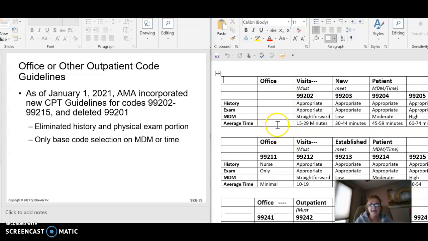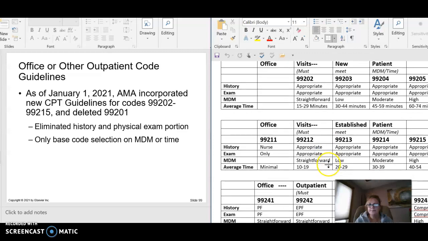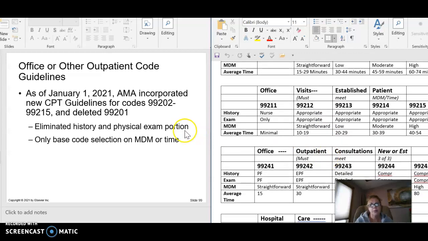We also had 99202 through 99215, which I changed all the requirements for. They eliminated the history and physical exam portion. As long as it was appropriate, you can base these visits on medical decision making or time. So keep that in mind and make sure you reference that.